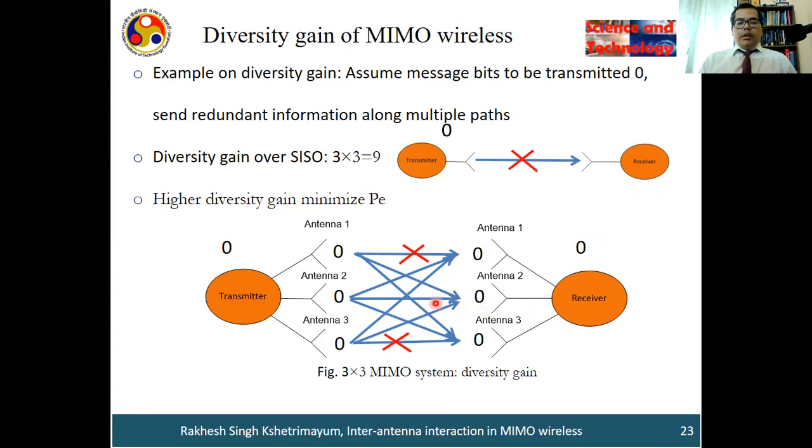So this diversity gain is the number of independent paths you have for the signal to reach the destination. So here, if you have a 3x3 MIMO system, you can have 9 different paths. In a 1 by 1 system, you have only one path here. This is called diversity gain. Because of this, you'll minimize the probability of error at the receiver side. That means you'll have fewer errors in data transmission.